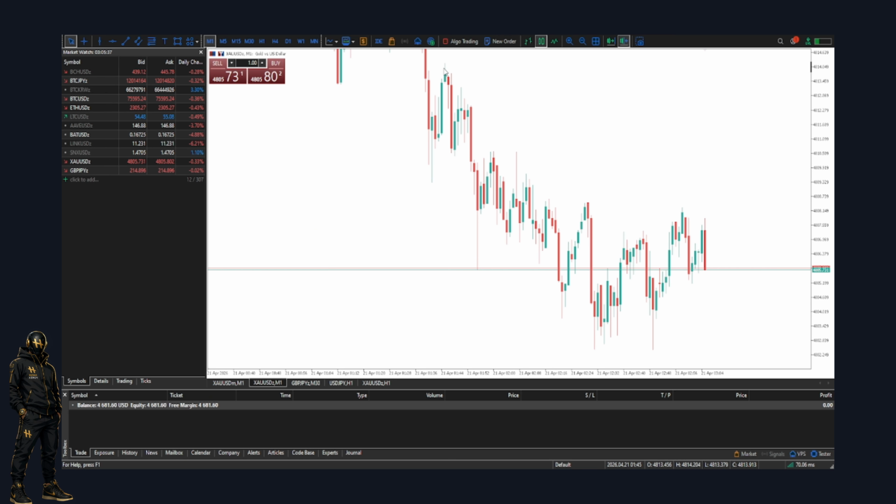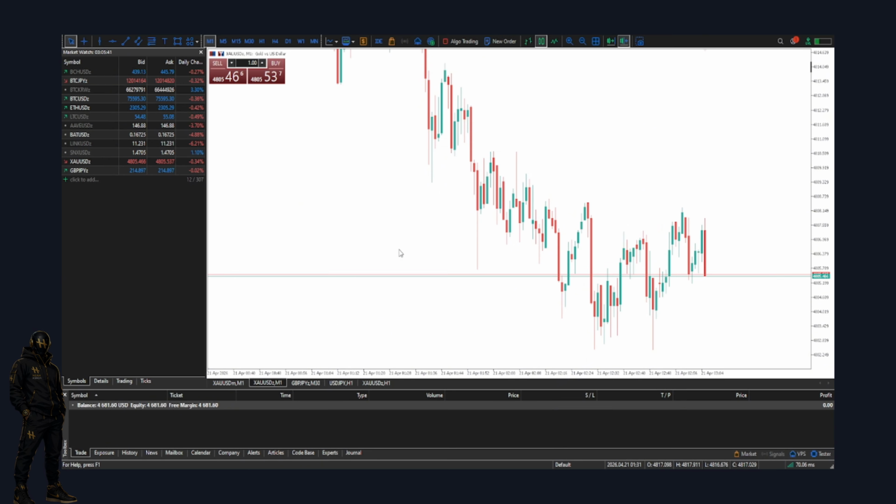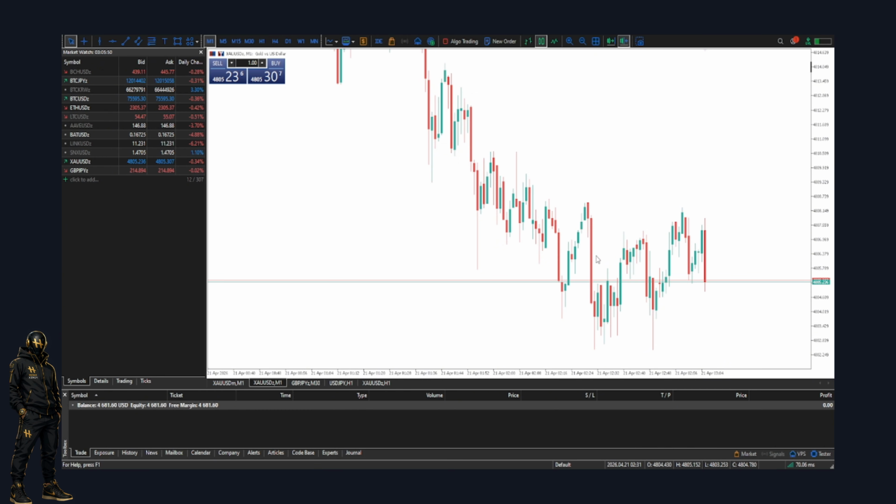So we have identified the structure as being a downtrend. Then we are looking for our area of confluence, which is going to be around this zone here.